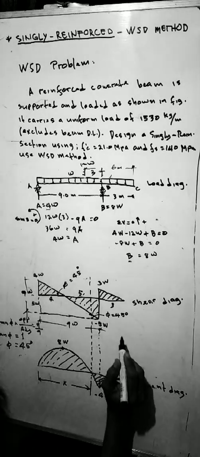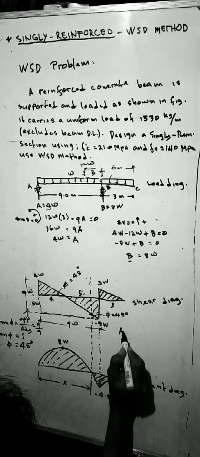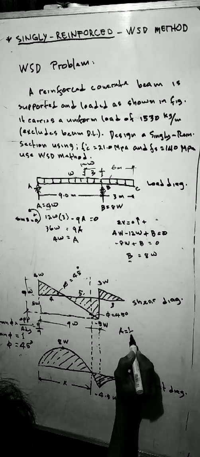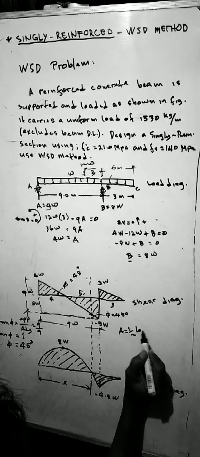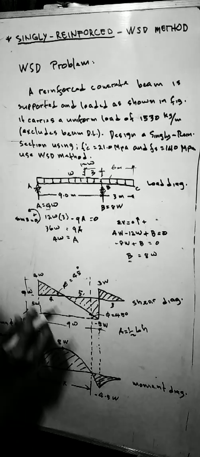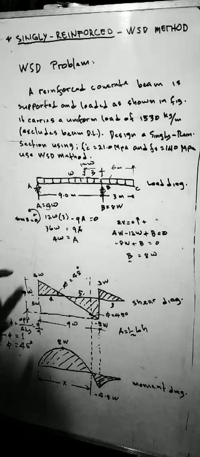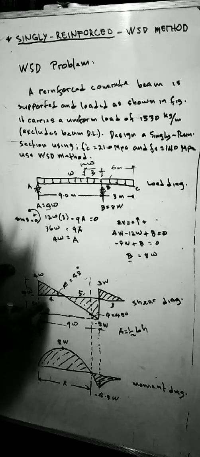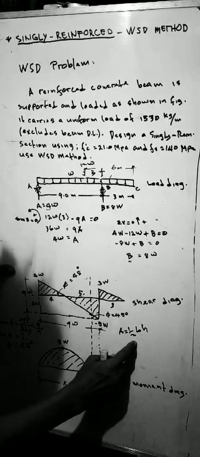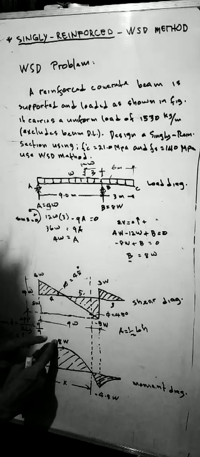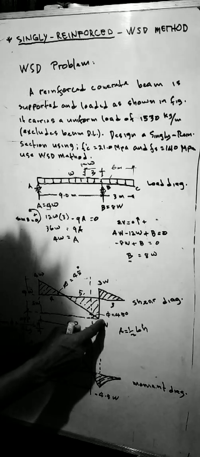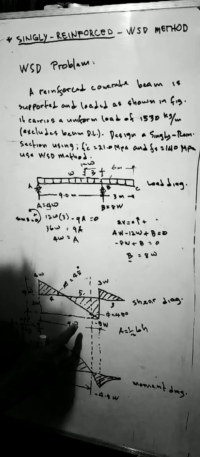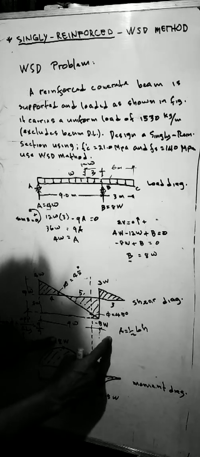By the way, the area is one-half BH. That is the area. BH, 4 times 4 equals 16, divided by 2 equals 8. 5 times 5, 25, divided by 2, 12.5.